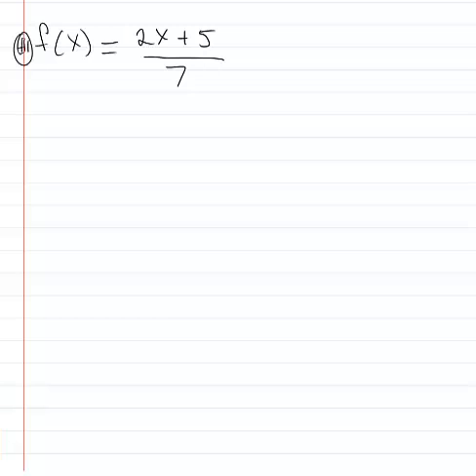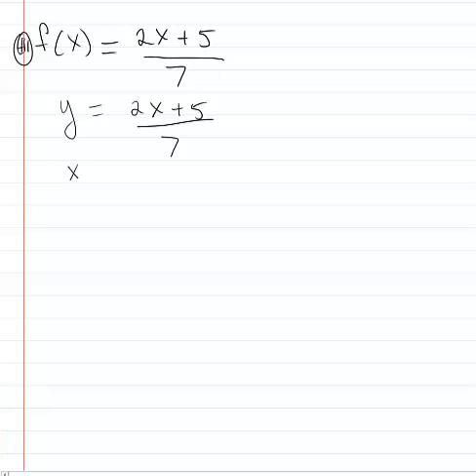Now the process goes as follows. First, you replace f of x with y. Then you switch the domain and range, so y becomes an x and x becomes the y. Okay, so now we got a proportion.